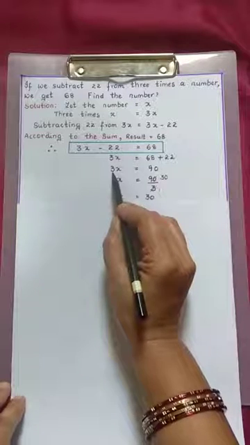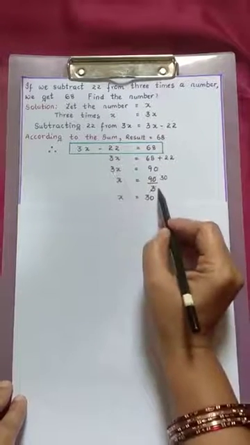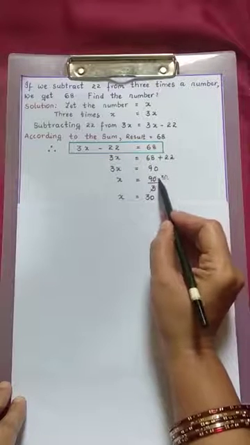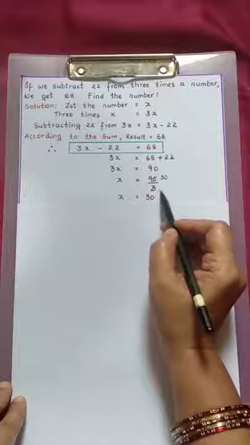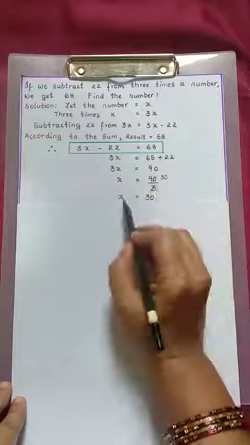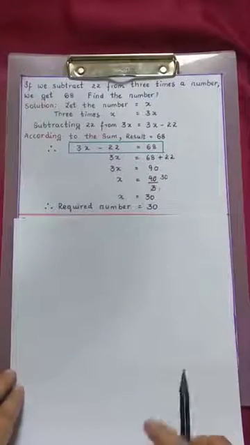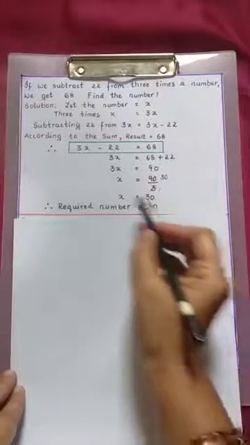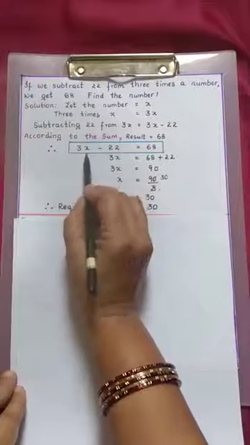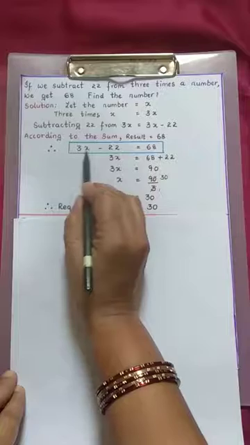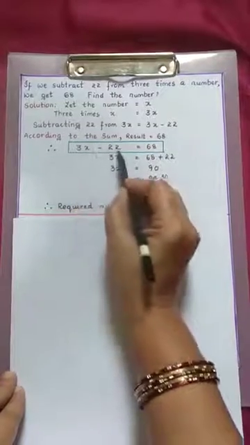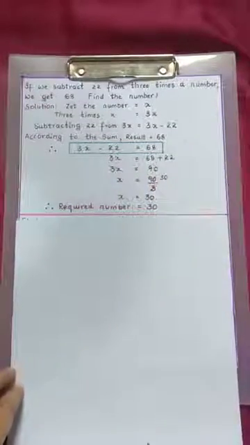So when you are transposing 3 to right side, we divide RHS by 3. So 90 by 3. 3 ones, 3 30s 90. So x is 30. So what is our required number here? We got it 30. If you want to check, you can check by substituting 30 in place of x. 3 30s 90. 90 minus 22, which is 68.